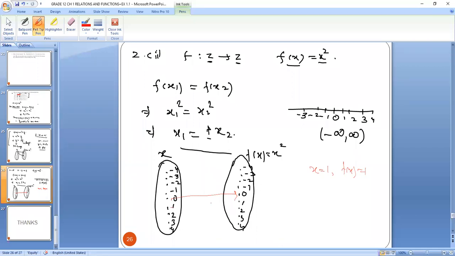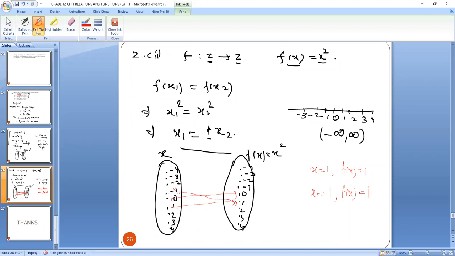So 1 is mapped to 1. x equal to -1, f of x is equal to (-1) square, which is 1. So -1 is also connected to 1.